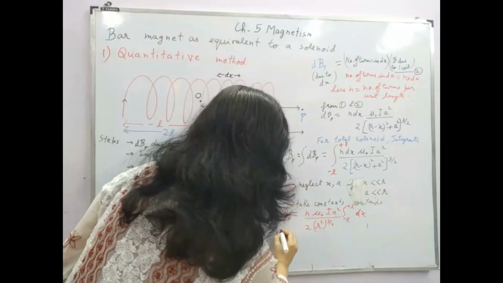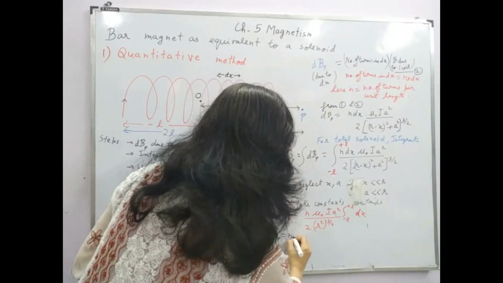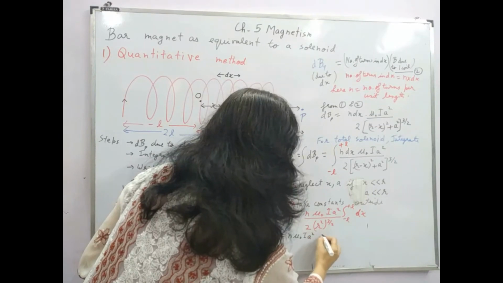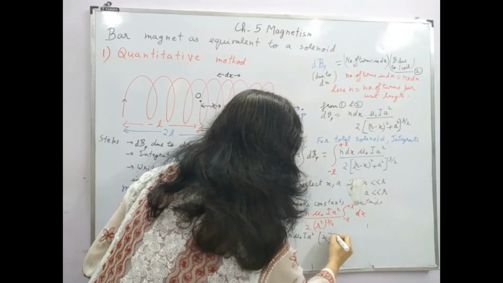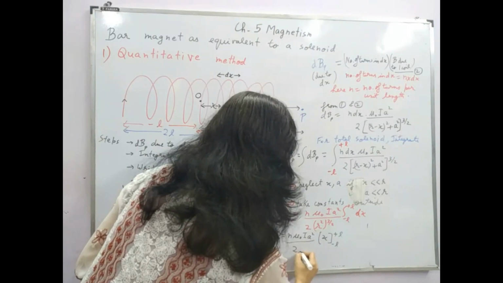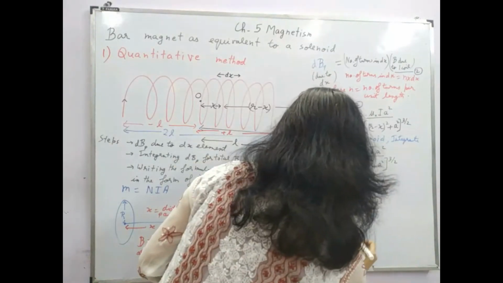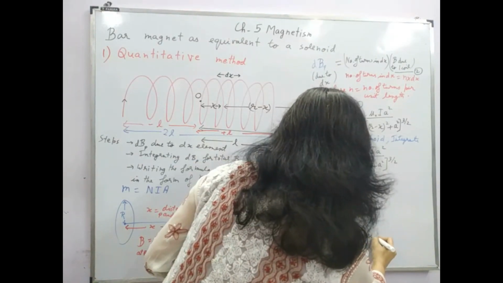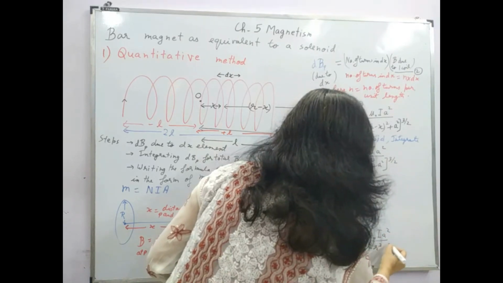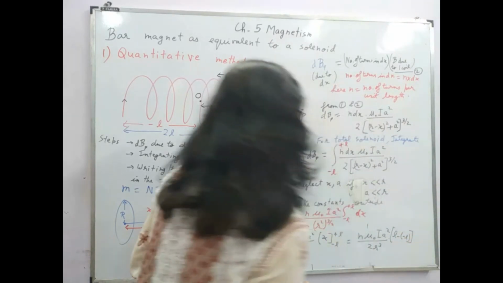So for the next step this will be equal to n mu naught I a square x, limits minus L to plus L, and in the denominator this will be 2r cube. So this can be written as n mu naught I a square upon 2r cube into L minus (minus L), right?